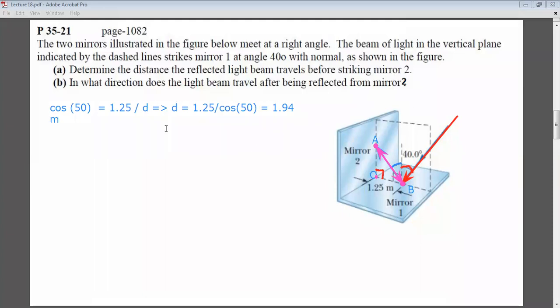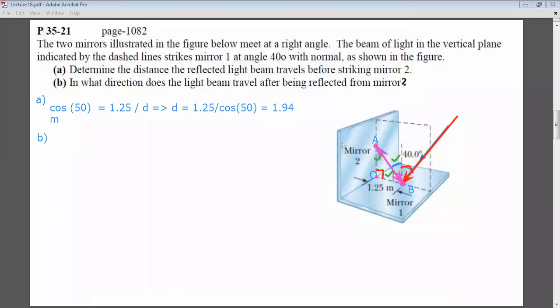Now, in what direction? So this was part A. Part B: in what direction does the light beam travel after being reflected from mirror 2? This angle here is 50, and this angle here is 40, so this angle here is 50. This light beam hits the mirror, and it will get reflected.